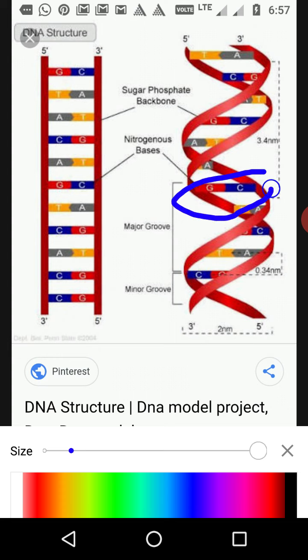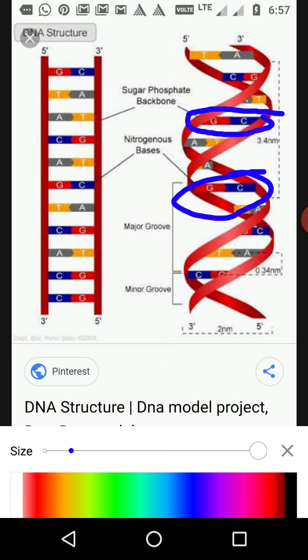Here you can see this is one pairing, the nitrogenous pair. Whenever there is any change in the nitrogenous pair or any gene, that will be the cause of point mutation.